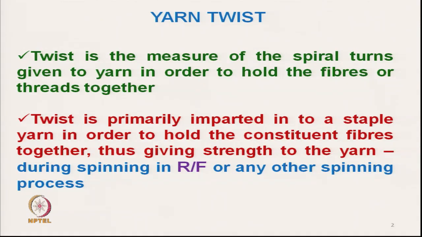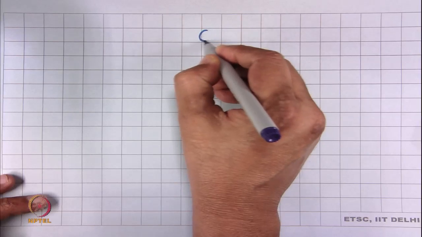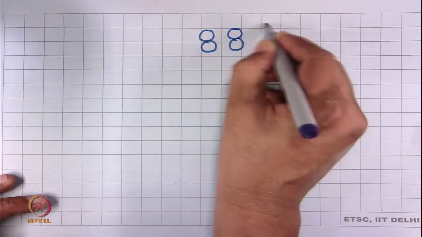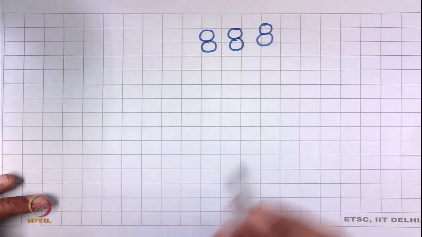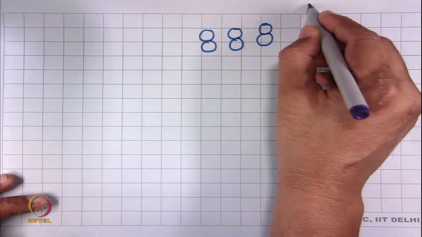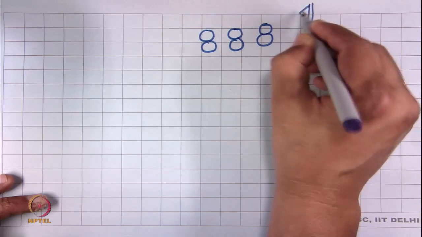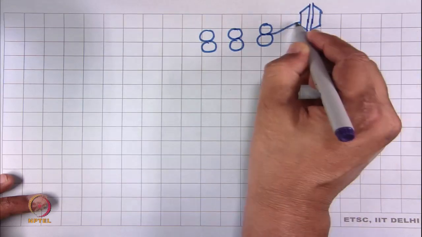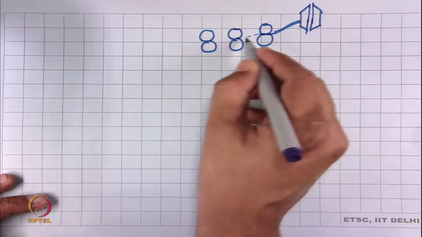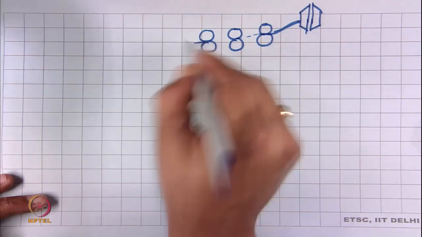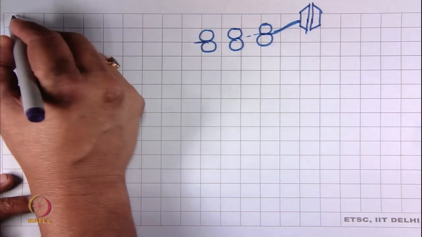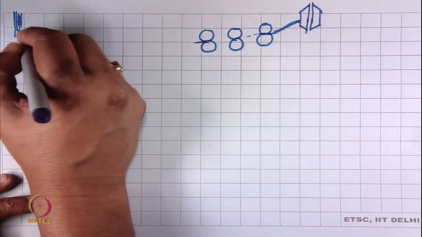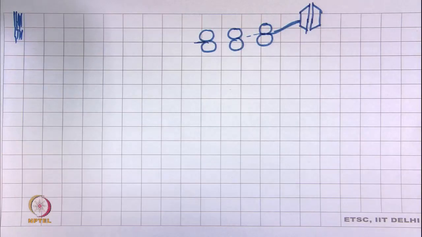Now, let us see, this is a delivery roller, this is the drafting arrangement of a ring frame, and it is coming from, say, roving package. This is the roving package, the roving is coming, it is getting drafted, and at the exit the fiber strands are like this. This is a very thin fiber strand with no twist.